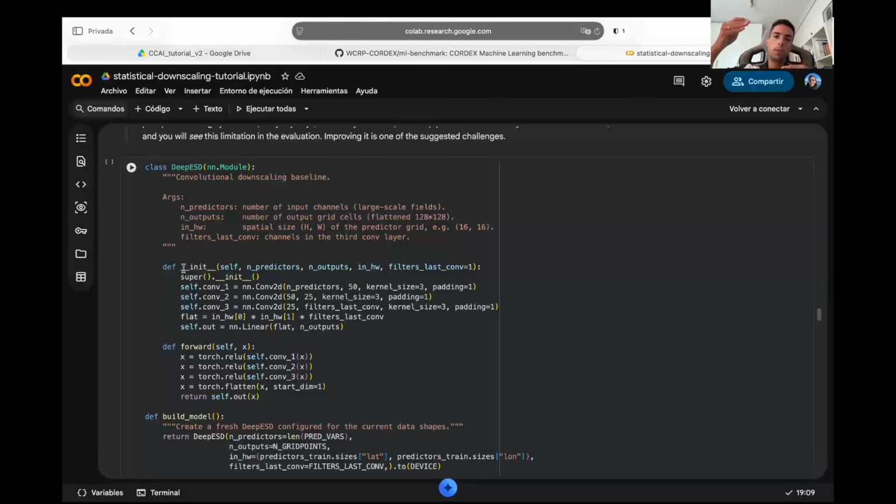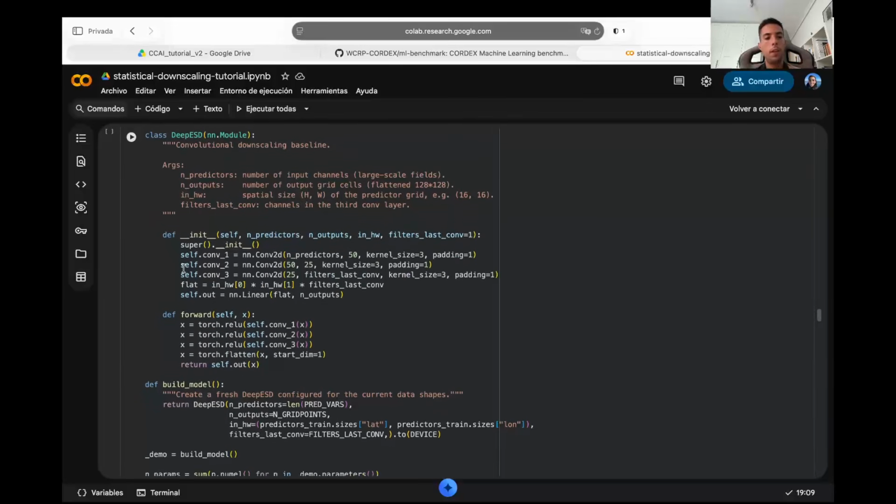It takes the output of the last convolutional layer, flattens it into a vector, and passes that vector into a final fully connected layer, and the output is the surface variable, the high resolution variable that we are trying to downscale.